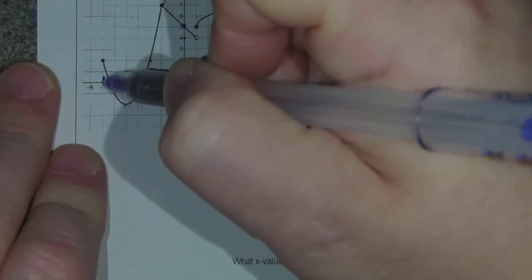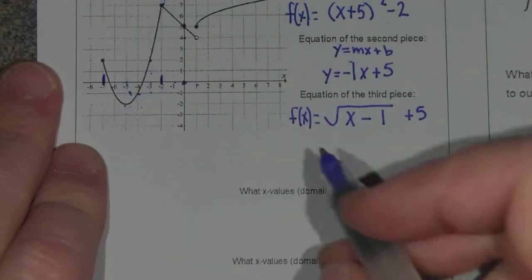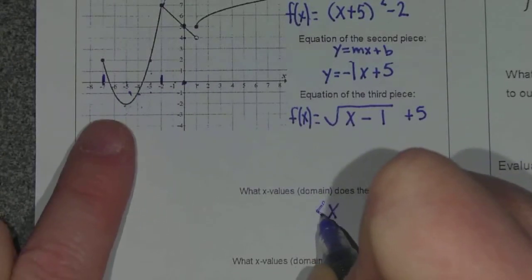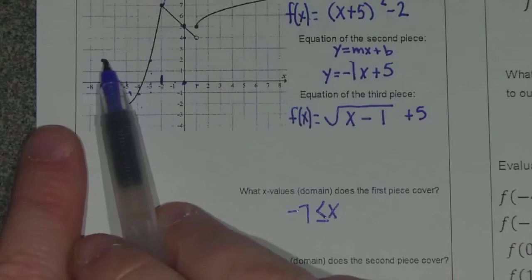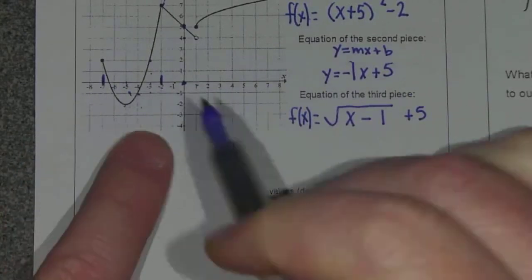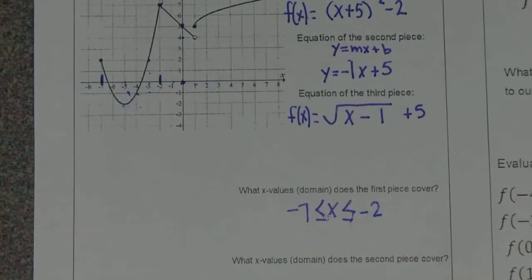Do you see how it starts here at -7 and it goes until it gets to -2? You guys following me on that? So could I say that my x values are greater than or equal to -7? I can say equal to because of the solid dot. And my x values are less than or equal to -2. Do you guys agree with me that I could write that inequality to describe my x values?